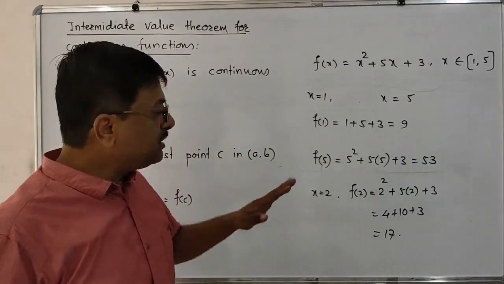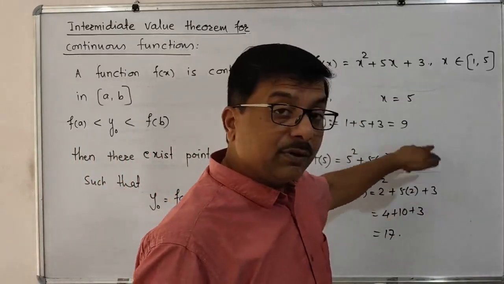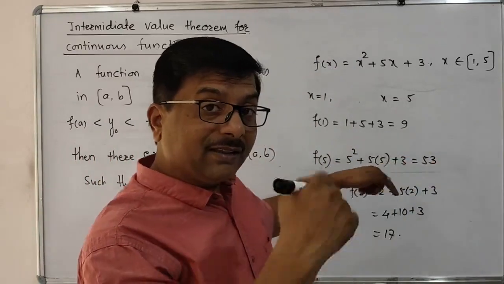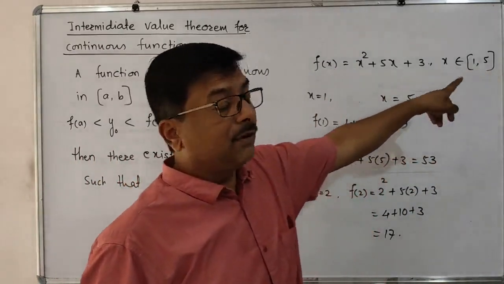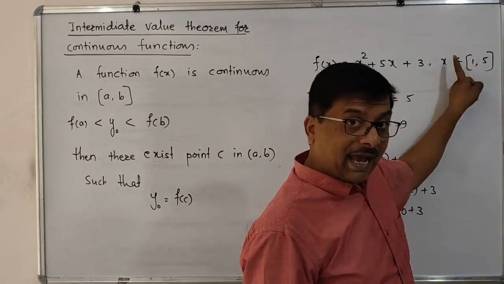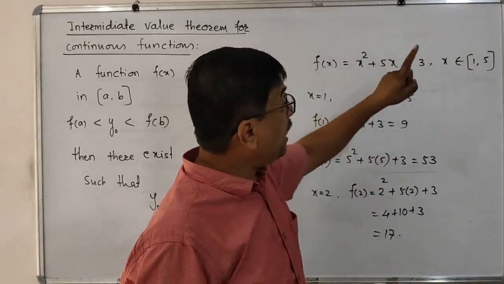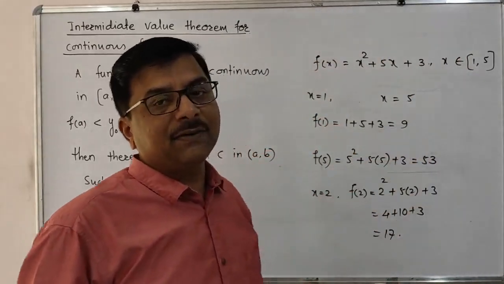Okay? Means either you can take the value of the function between 9 and 53, you will get the value of x definitely between 1 and 5, or if you take any value between 1 and 5 of x, then the value of the function at that point must lie between 9 and 53.